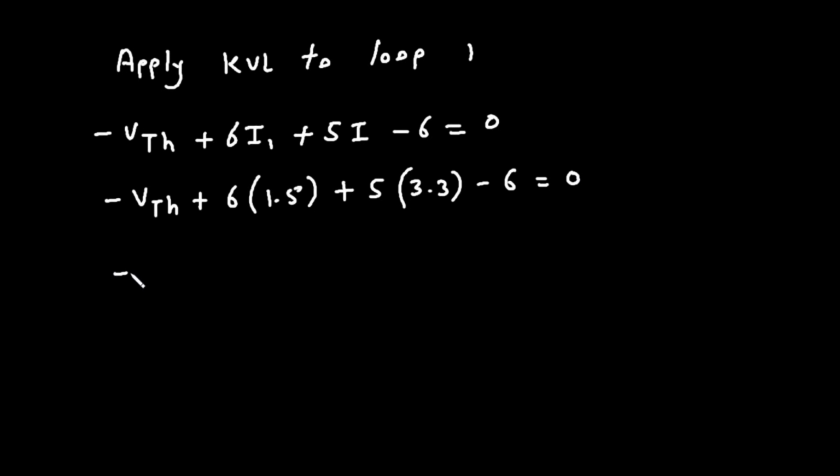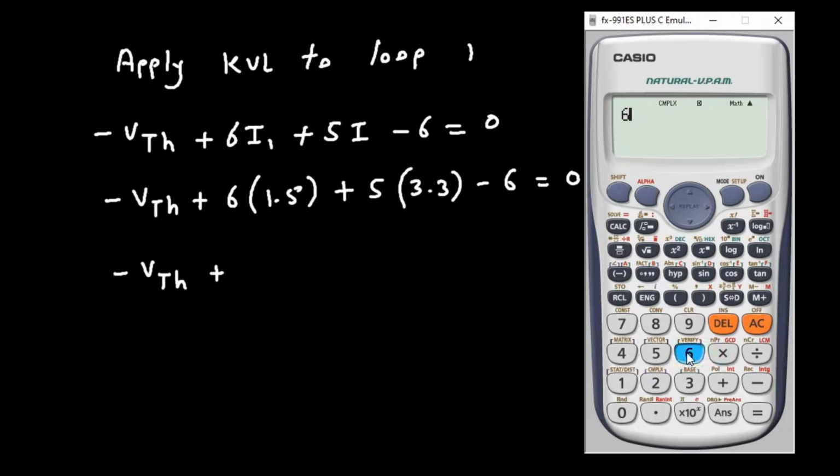So now this will be minus VTH plus 6 into 1.5 plus 5 into 3.3 minus 6.